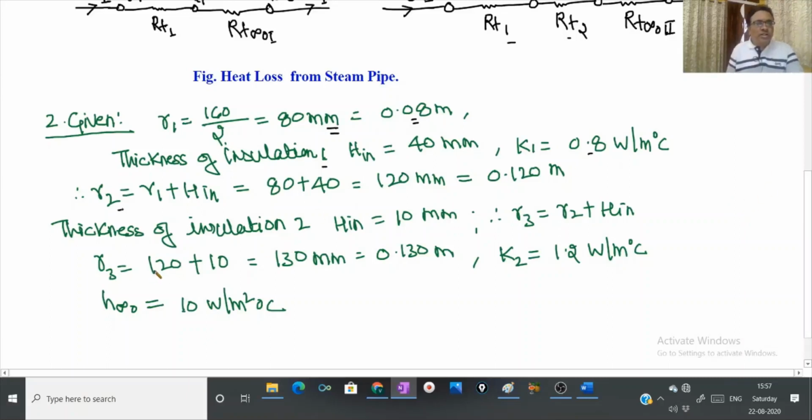So the outer radius of insulation 1 will be 80 plus 40, 120 mm, 0.120 meter.